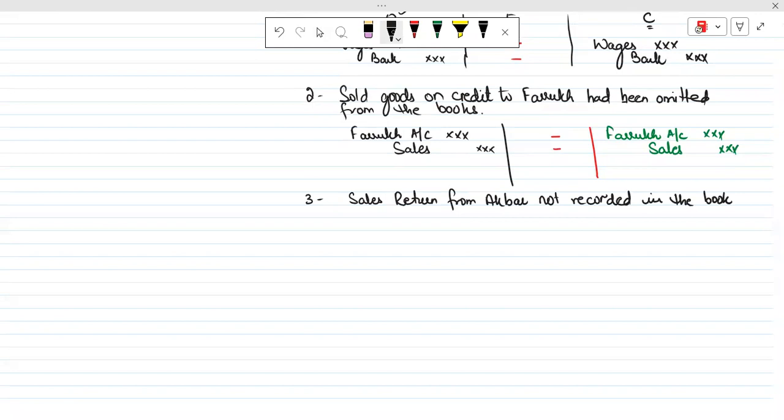What was supposed to be the original entry? When sales return or return inwards is from one of our customers, sales return or return inwards should have been debited, and Akbar's account should have been credited.